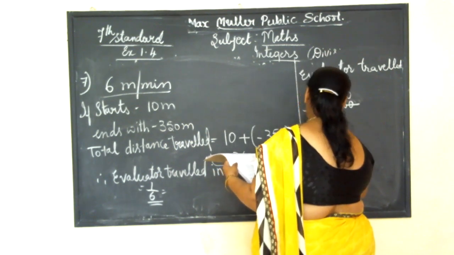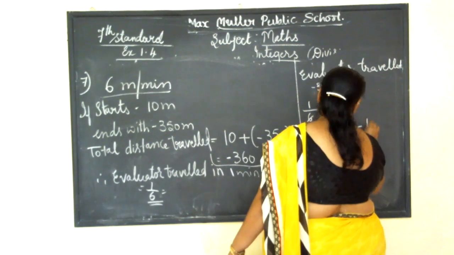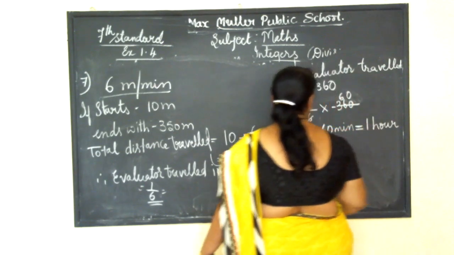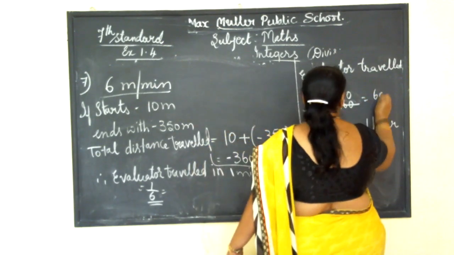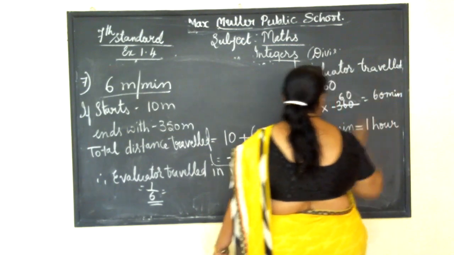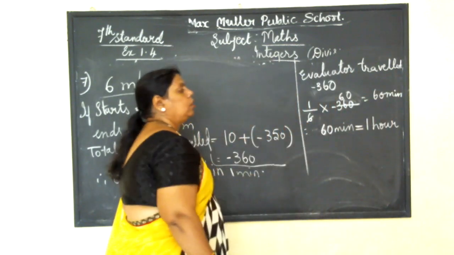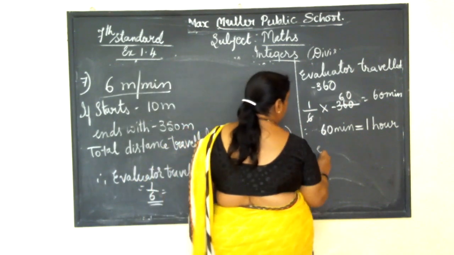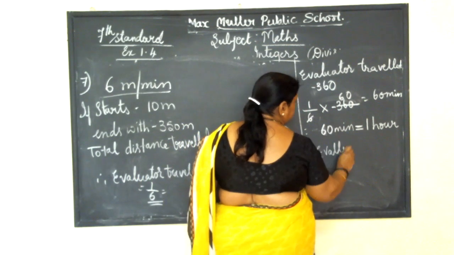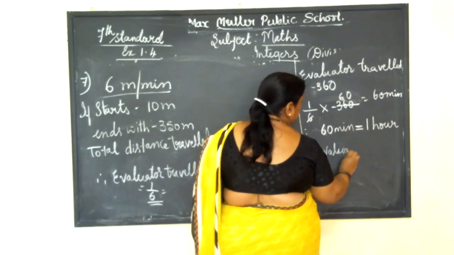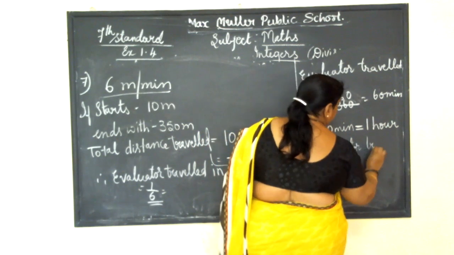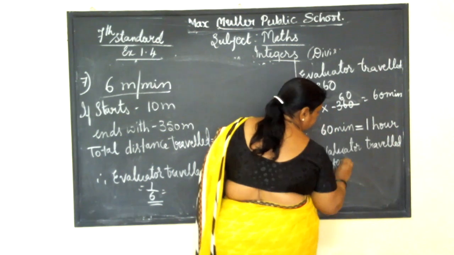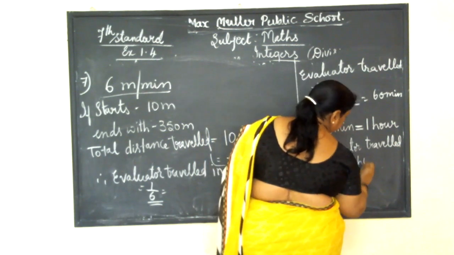That is 60 minutes means it makes 1 hour, which is equal to 60 minutes. It took 60 minutes. Okay. That is 1 hour. Therefore, the elevator traveled for 1 hour.